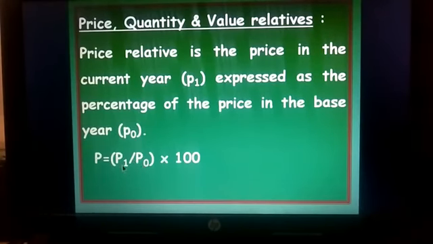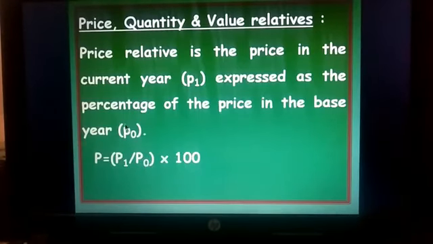Once again, let me tell you how the definition goes. This P1 is expressed as percentage of this base year price. So price relative is nothing but the price in the current year expressed as the percentage of price in the base year.